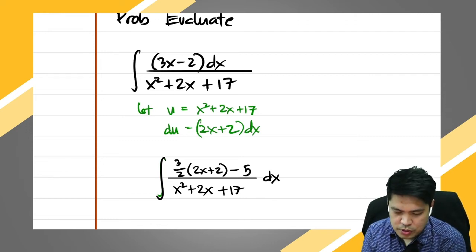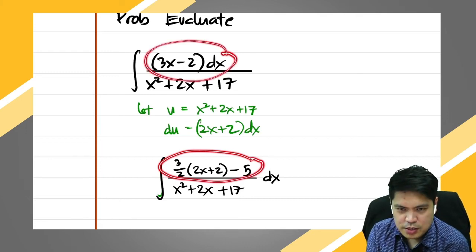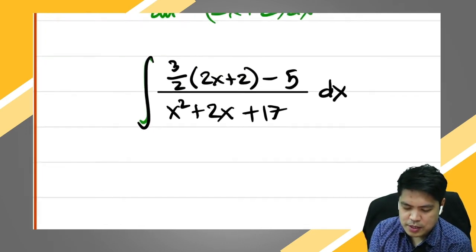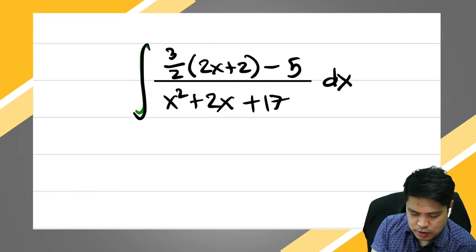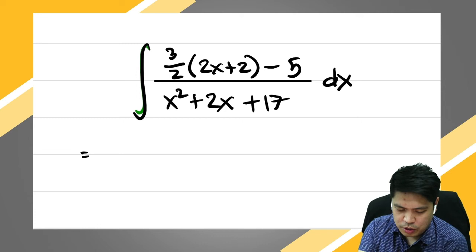So, meaning, we need to subtract here 5. Okay? So, take a look at this. That is now equal to this. Right? So, the same na sila. Now, let us separate the two terms.